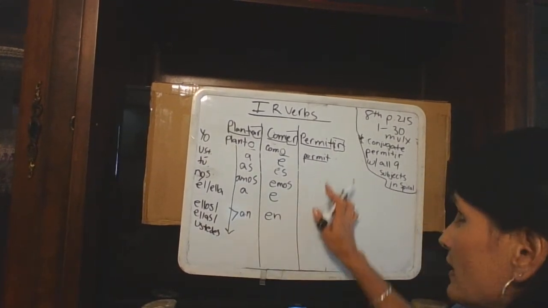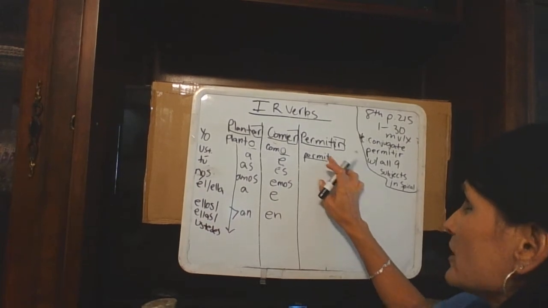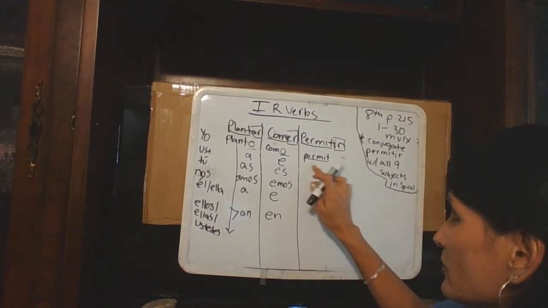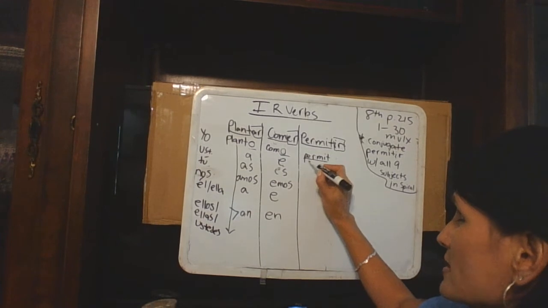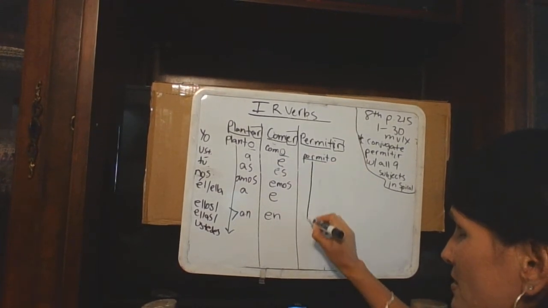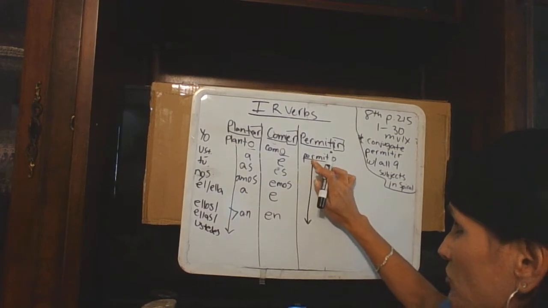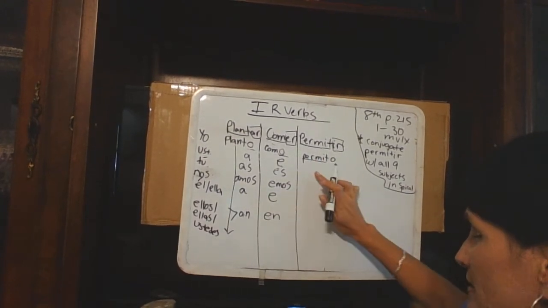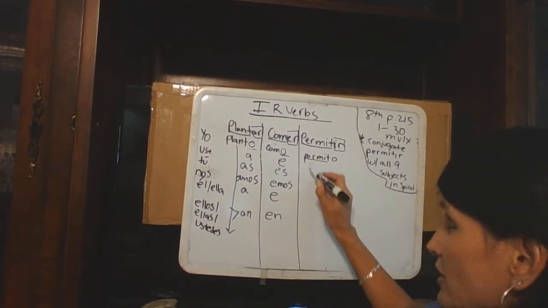Now, for the verb permitir, the root is permit, to permit. So you're going to say yo permito, and then the stem would be the same. So when you write it in your spiral, I'm actually going to write these out because I don't want you to do an arrow, I want you to write them out.